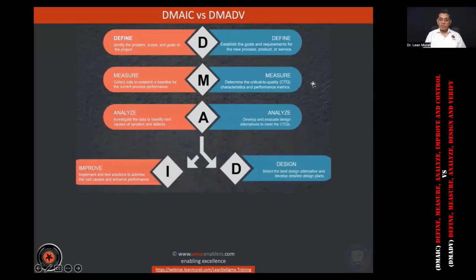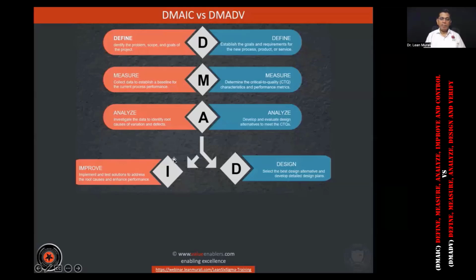In the improve phase, after analyze, we start doing improvement in DMAIC. Whereas after analysis, in DMADV, we start the design. In DMADV, we select the best design alternative and develop detailed design plans.